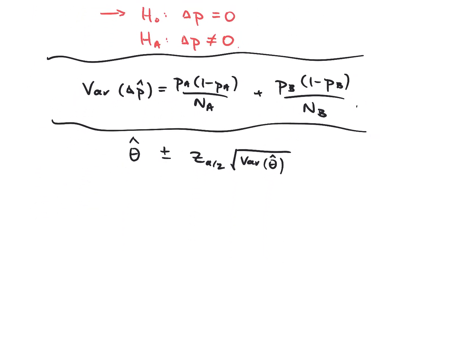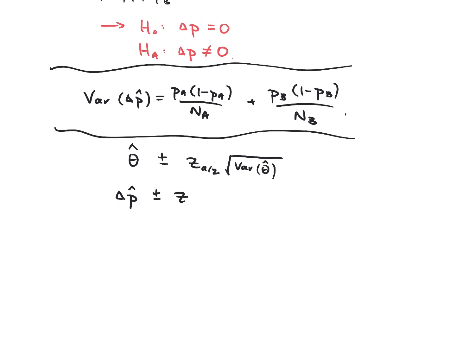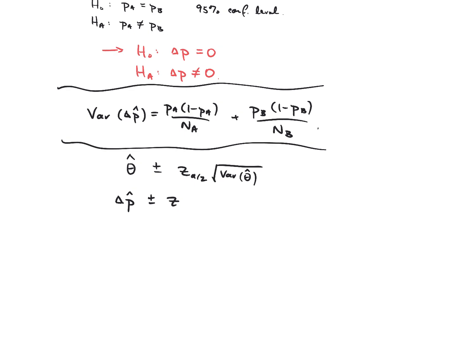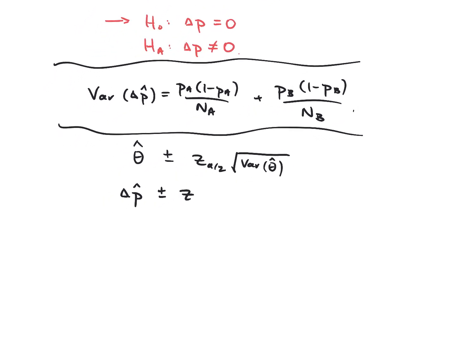So the estimator is the difference in proportions plus or minus, and then we'll need to look up z of what confidence level? 95% confidence.